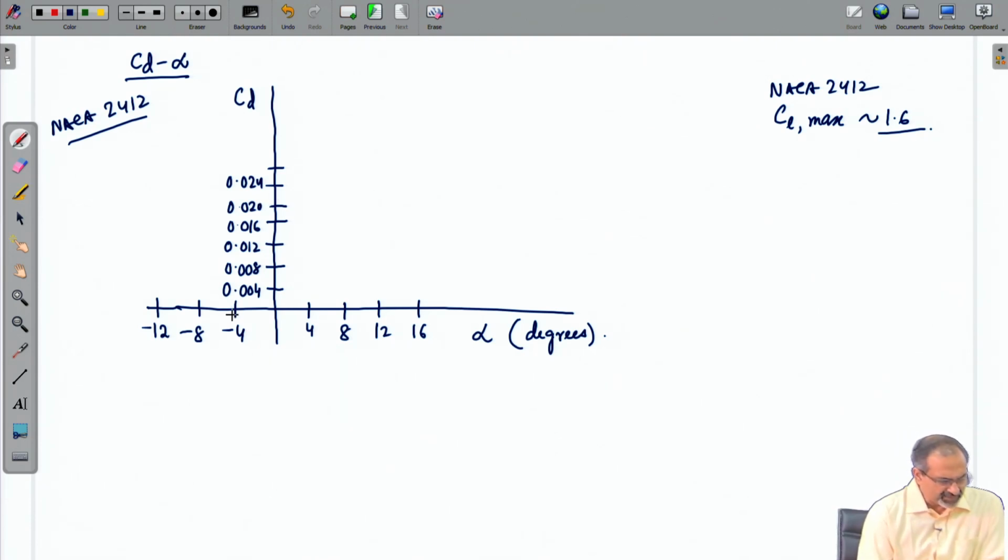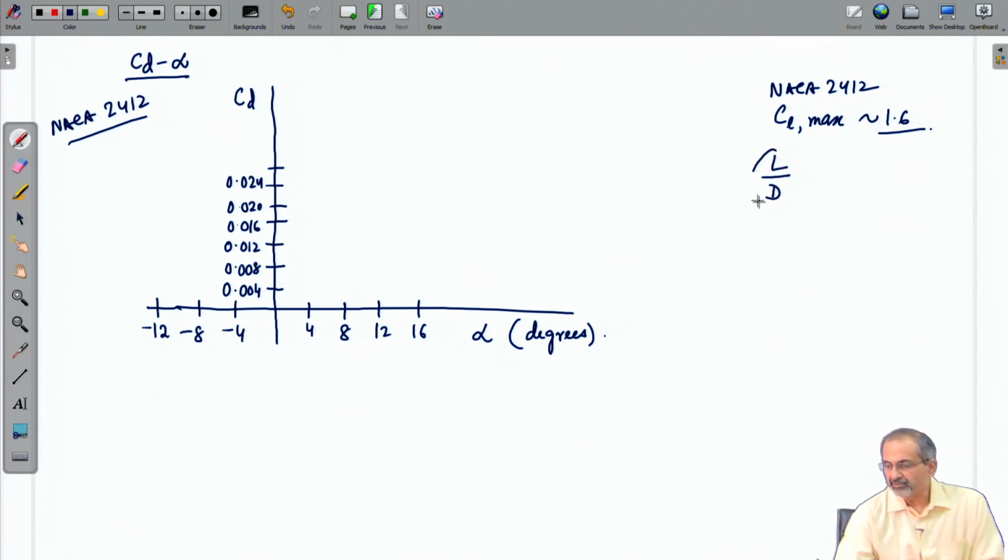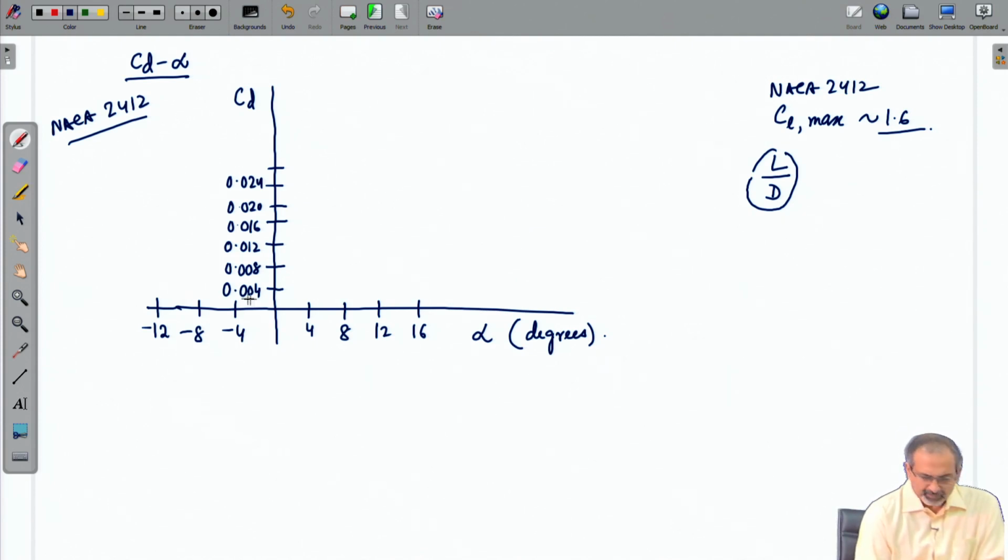And that is not a surprising thing, because remember that the aerodynamic efficiency depends on the lift to drag ratio, and unless that is significantly high, it is not an efficient lifting surface. Now, let us plot the drag versus alpha curve approximately.